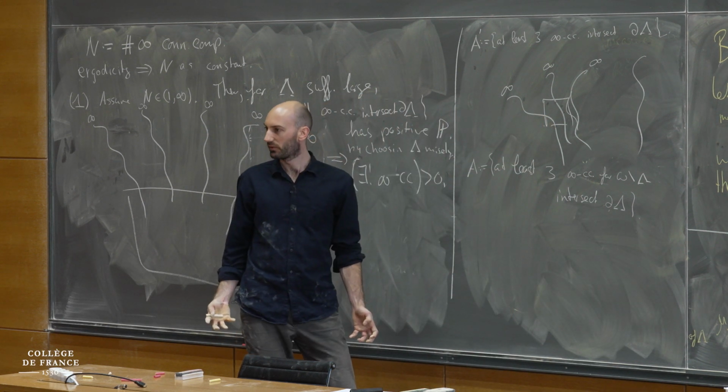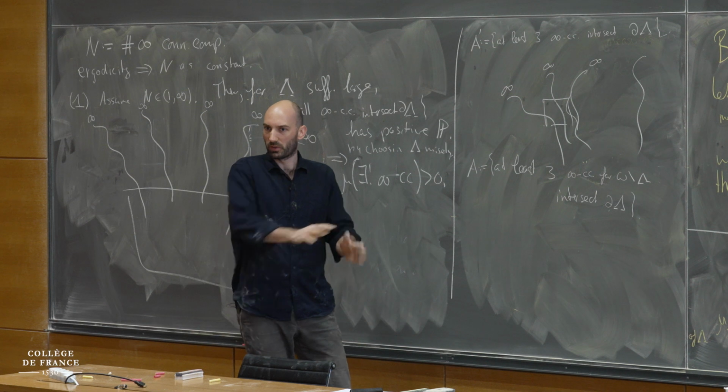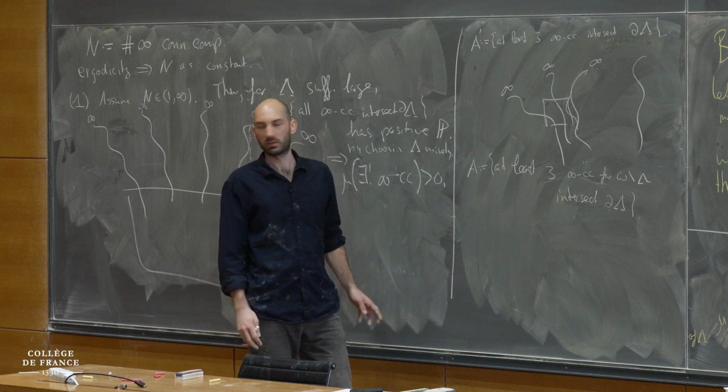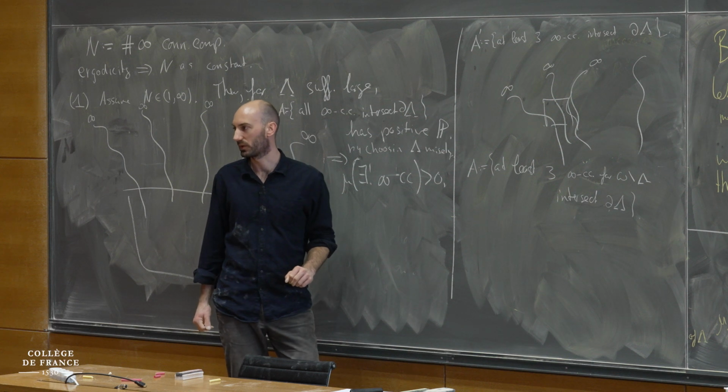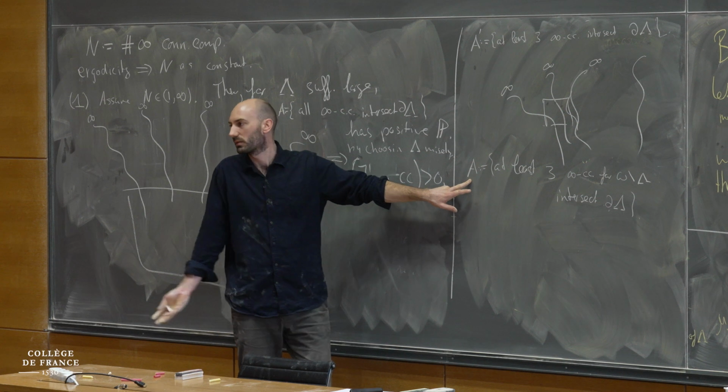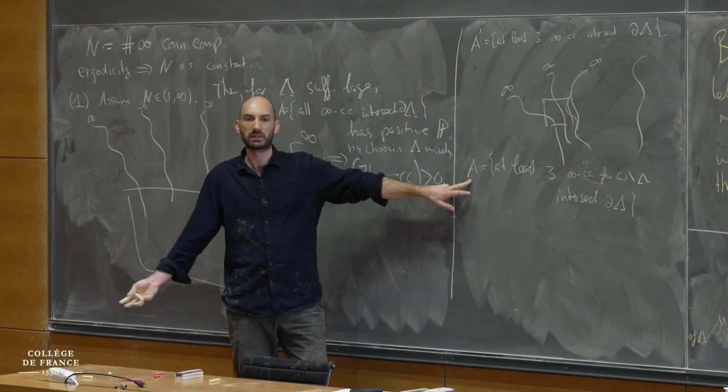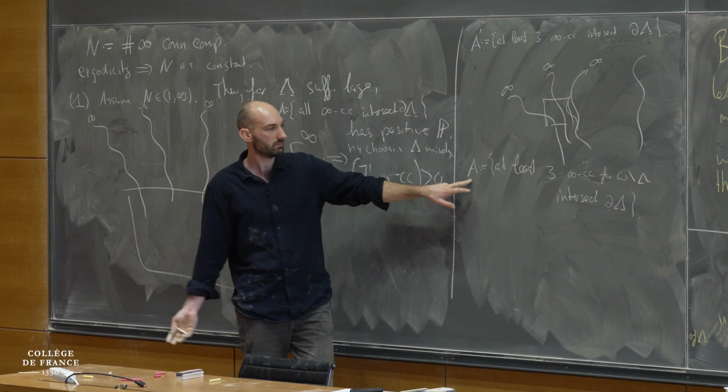So now I don't consider my configuration, but I just remove all the vertices which are in lambda, and now I look if I have 3 infinite connected components. Now, of course, this event is obviously measurable with respect to what happens outside of lambda. Okay?